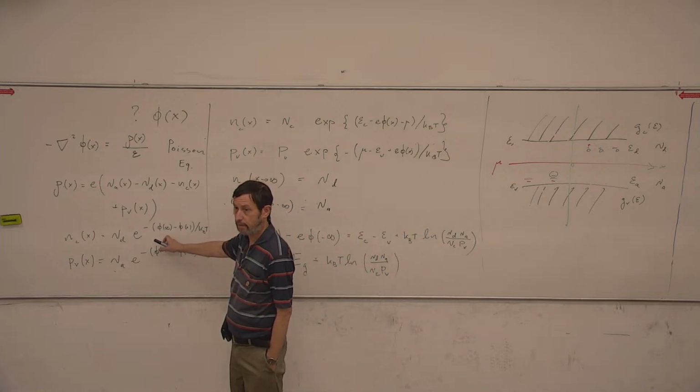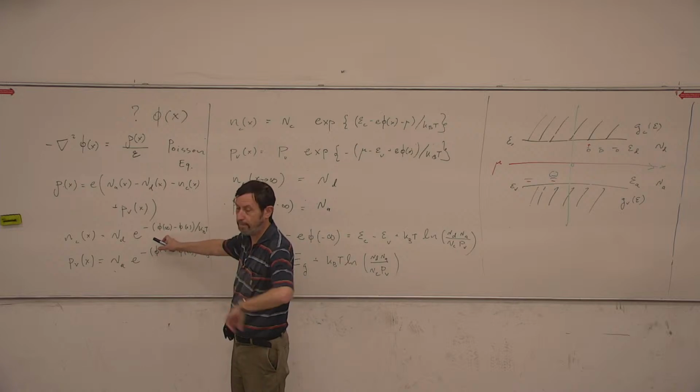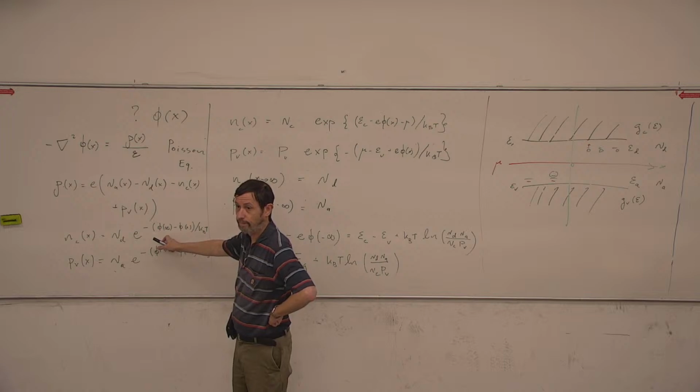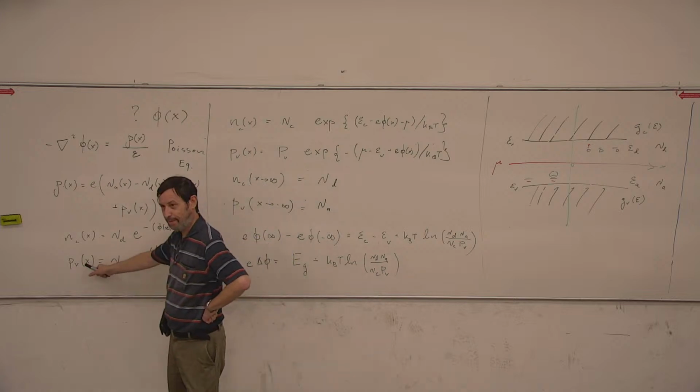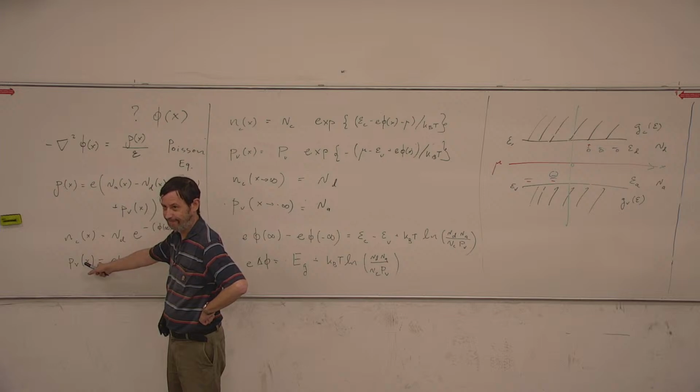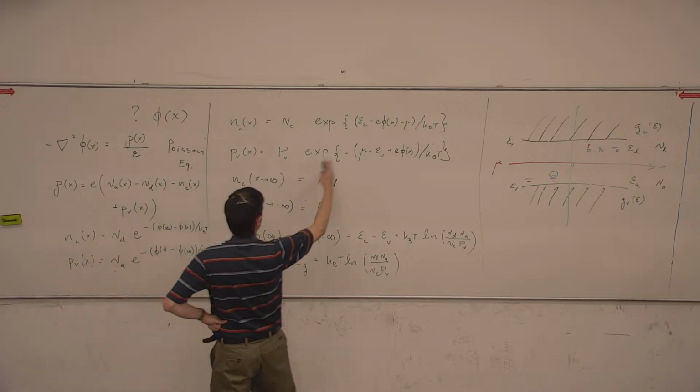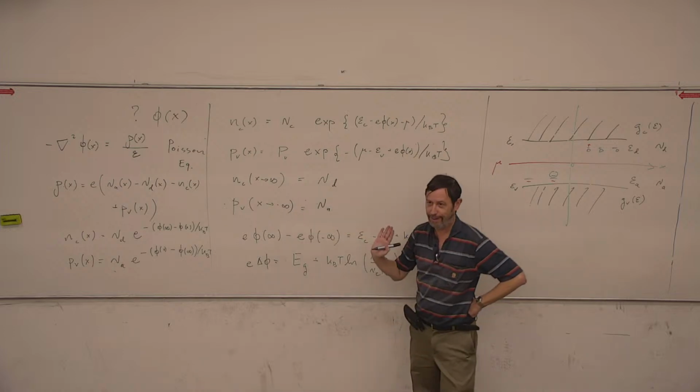At plus infinity, what is the population of the conduction band? ND. Okay. Same thing here. And going back to this definition, we get everything.